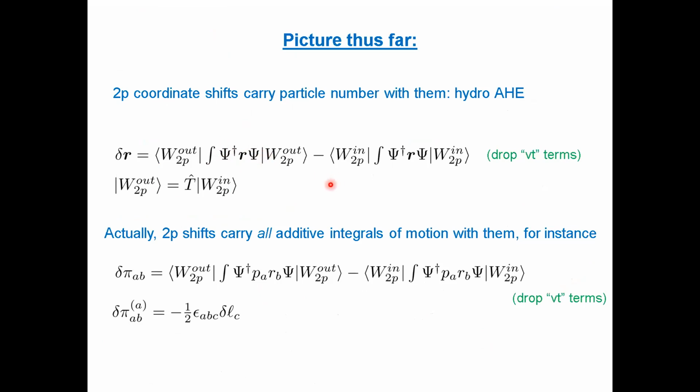But I can view this as the collisions taking electronic number between the fluid layers during the collision. And of course, if they collide and shift, they take any additive integral of motion with them. In particular, here there is R and there is 1 in front of it. I talked about transport of electrons, which was associated with these shifts. But these collisions will also transport momentum across the fluid layers.